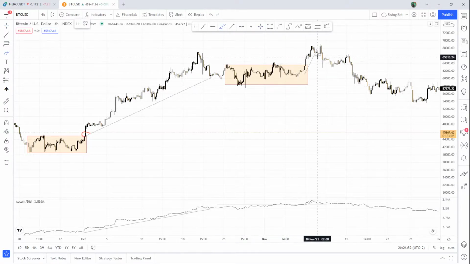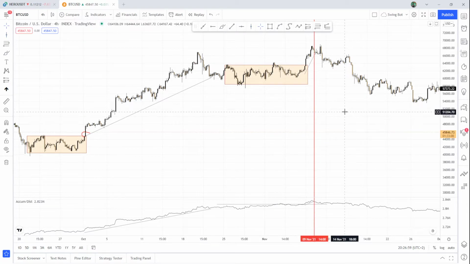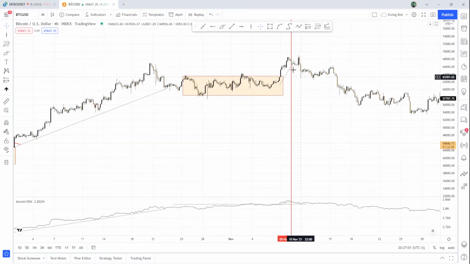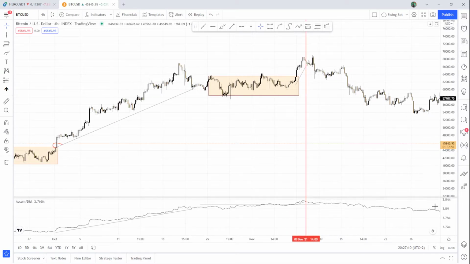So it's let's actually do it like this. It breaks down around here, okay. So actually it breaks the trend and you know that from here it might go down, okay.